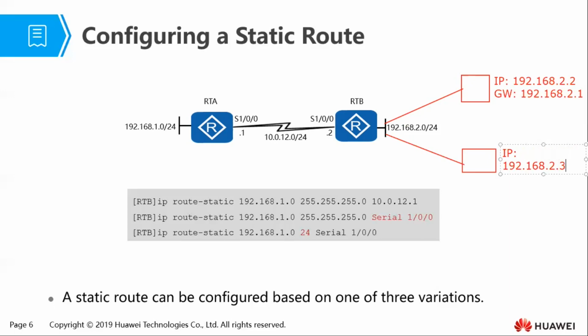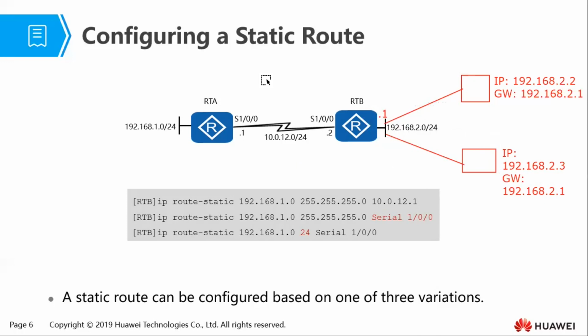192.168.2.3 and also configured gateway address, which will be 192.168.2.1. So by .1 I mean this interface here for the router has been configured with .1, like that. So that is our gateway.